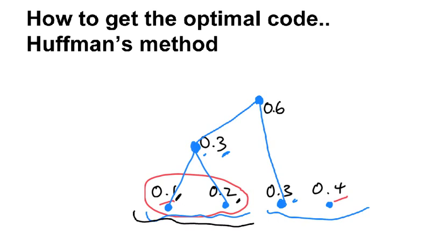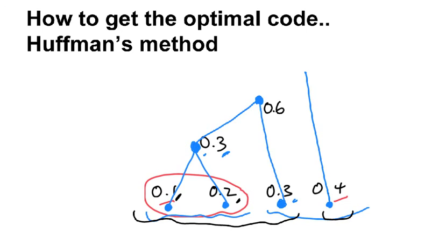So we look at the root of this big tree, which has a probability of 0.6, and we merge it with the tree that comprises just a single root.